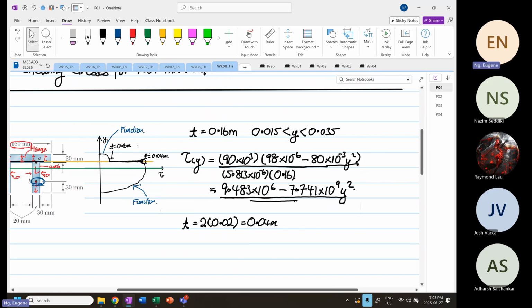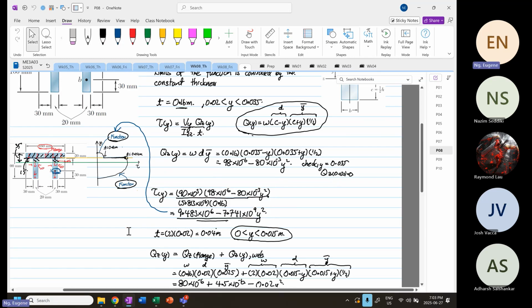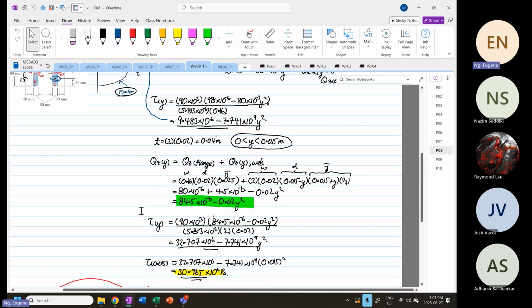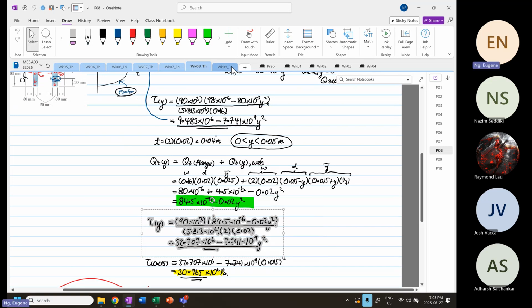So this corresponds to the limits of 0 to y, and go up to 0.015 meters. So we have derived another function, and this is the one. So I'm going to copy, then we're going to paste over here.